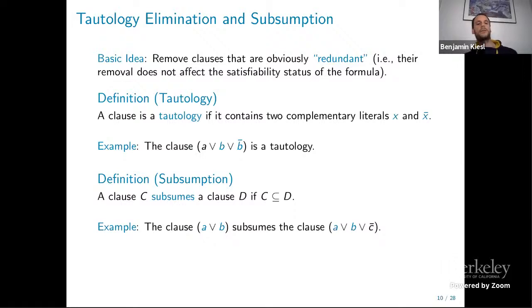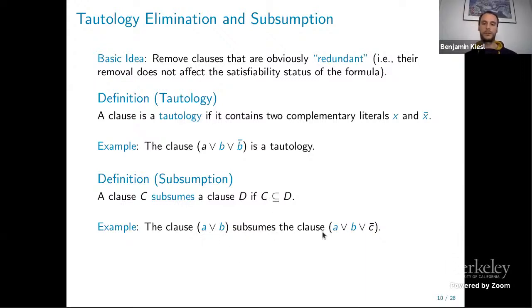Now, there's another kind of clauses, namely so-called subsumed clauses. That's also a simple but very effective concept. You remove clauses if they're subsumed. And what that means is a clause C subsumes a clause D if C is a subset of D, meaning all the literals that are in C are also contained in D. And here's an example.